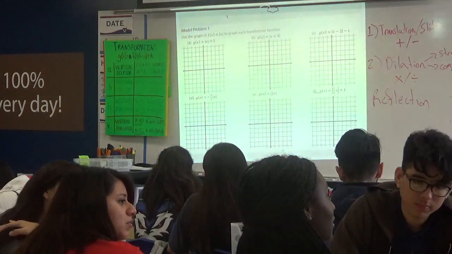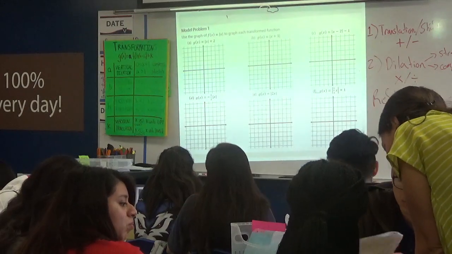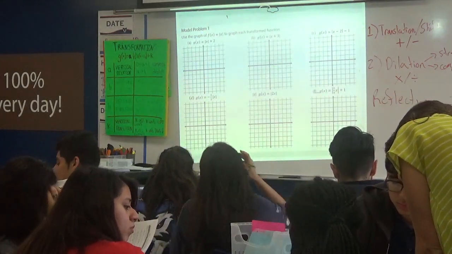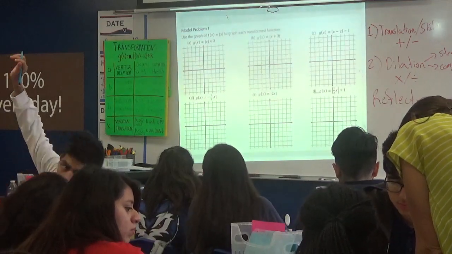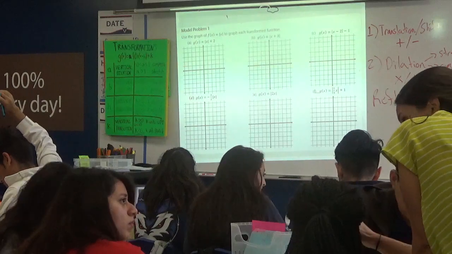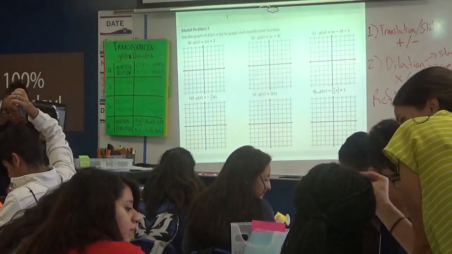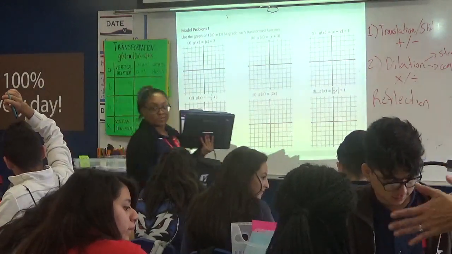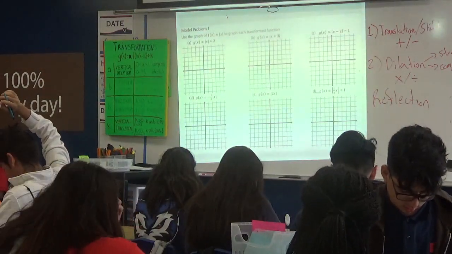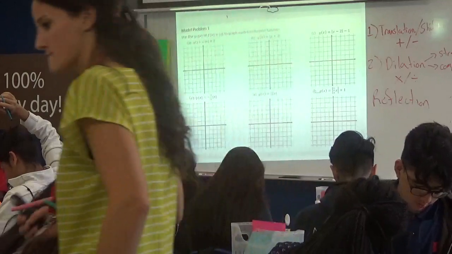Notice here and here, both of them are fractions, so both end up being wider. Whether it's a stretch or compress is another story, but in terms of drawing it and seeing whether it's wider or skinnier, fractions are wider and whole numbers are skinnier. It's 1/2, so it's going down one.